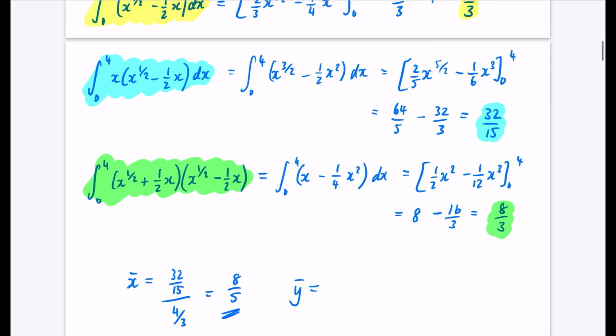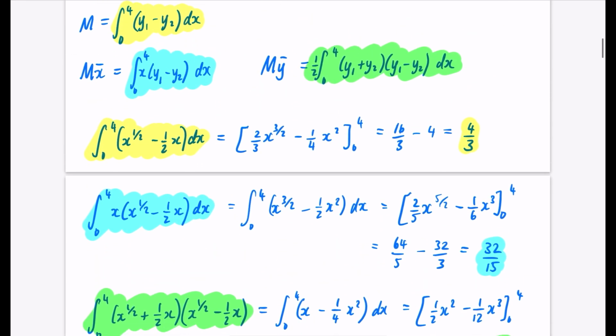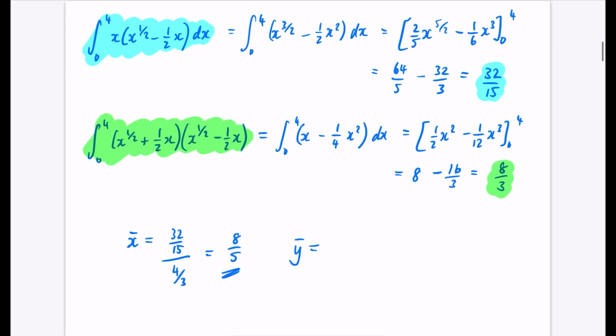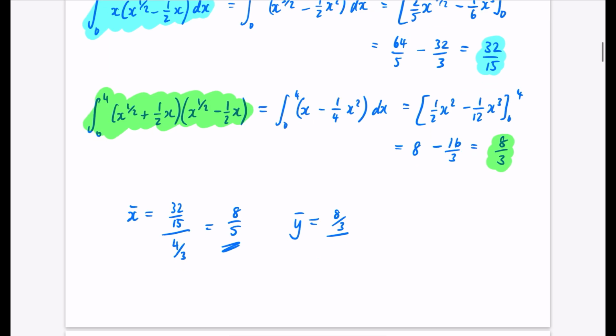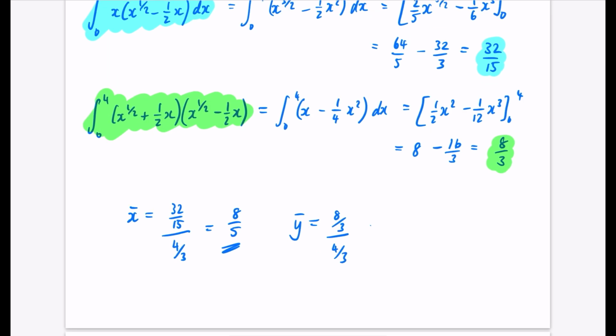And then the y bar will be, from our y bar formula, the green divided by the yellow. So that's going to be 8/3 divided by 4/3, which is just 8 over 4, or just 2. So our centre of mass here is 8/5 and 2 for this particular question.